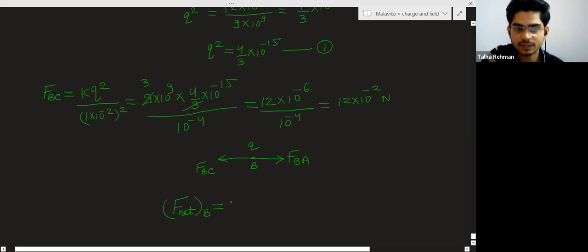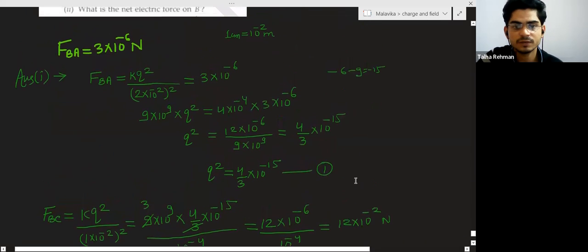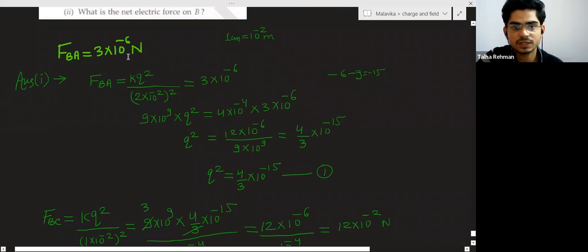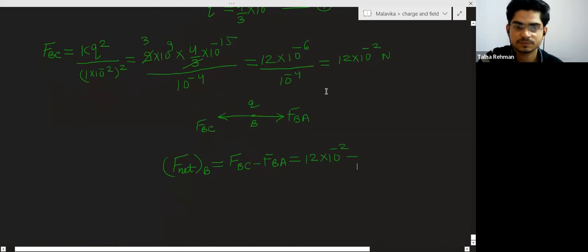So I am subtracting FBC minus FBA. FBC we have 12 into 10 to the power minus 2, and FBA is 3 into 10 to the power minus 6.